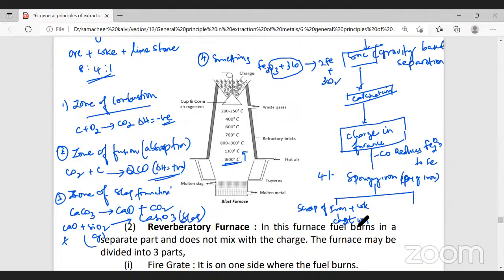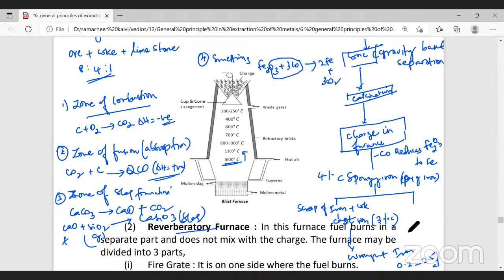This cast iron contains around 3% carbon, while pig iron contains 4% carbon. When you heat it in the reverberatory furnace, you get wrought iron. This wrought iron is the purest form of iron. It contains around 2.2 to 2.5% carbon.